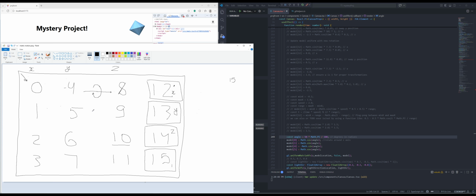Or it will rotate like so. So for the X rotation, we're going to use model 5, 9, 6, and 10.